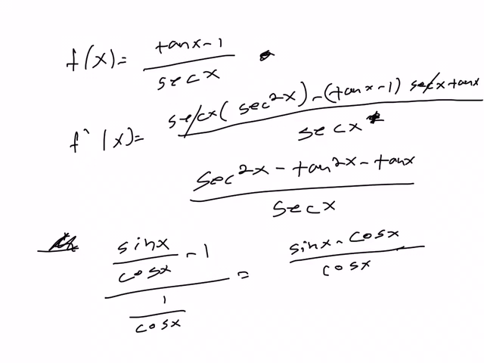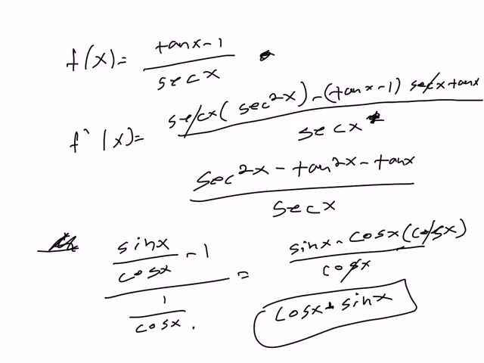And then what we do is we multiply this by cosine x, right, because we're flipping it. These cancel, and what we get for our derivative is cosine x plus sine x. So is this cosine x plus sine x? Let's write that there, cosine x plus sine x.